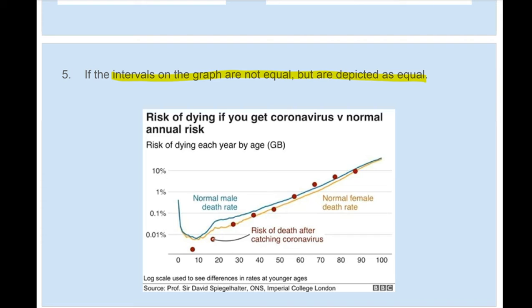But because the y-axis, or these scales, are not increasing by the same amount, we don't actually know what this really looks like. So we would need to see an accurate scale to see what the actual relationship is between them.